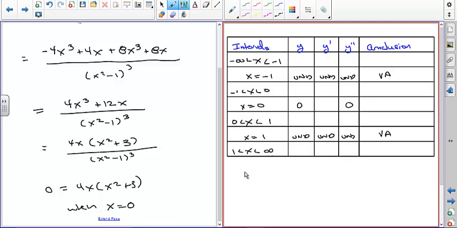So if I picked, let's say, x equals negative 2, what's the sign of the first derivative, and what's the sign of the second derivative? Well, let's start with the second derivative. At x equals negative 2, this is positive, and this is greater than that. So all of these are going to be positive, but this is negative.